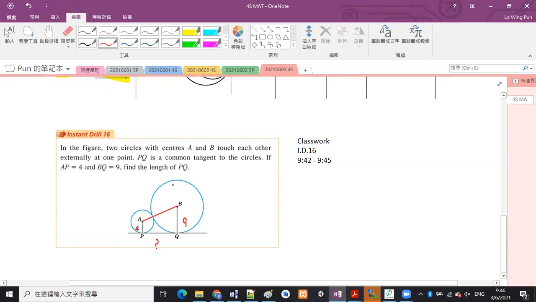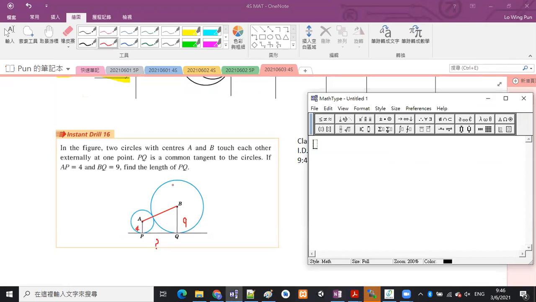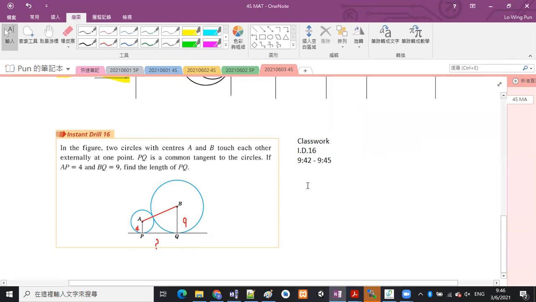Now, you can see this is a trapezium. Because angle APQ and angle BQP are both equal to 90 degrees, because tangent is perpendicular to radius.